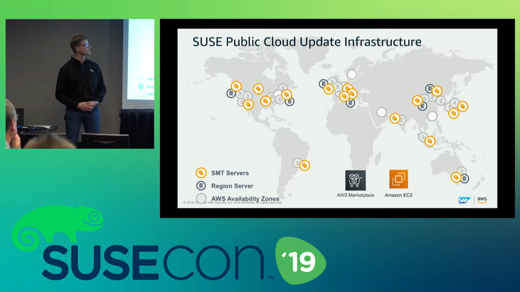I mentioned it multiple times before, the SUSE Public Cloud Update Infrastructure. It's a managed service by SUSE, and in each AWS region we have such an update service available. That means customers get very high performance for getting the patches, and it reduces network costs for the customer.